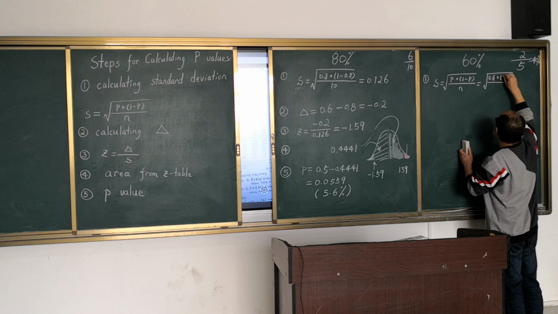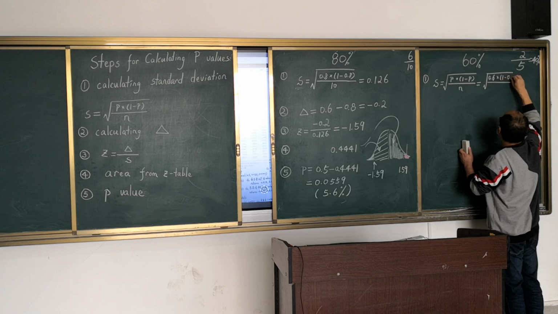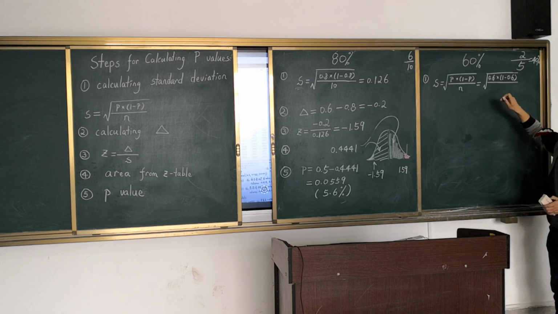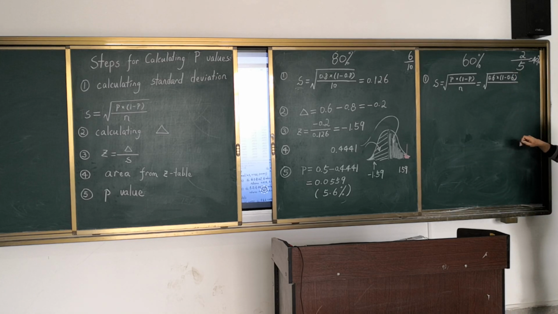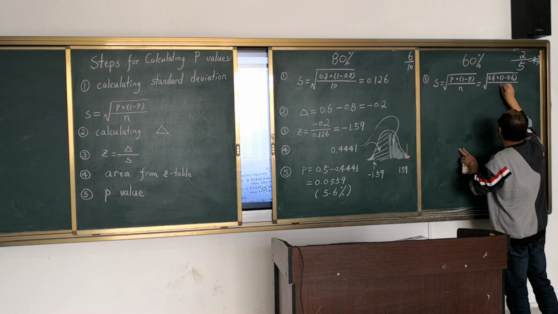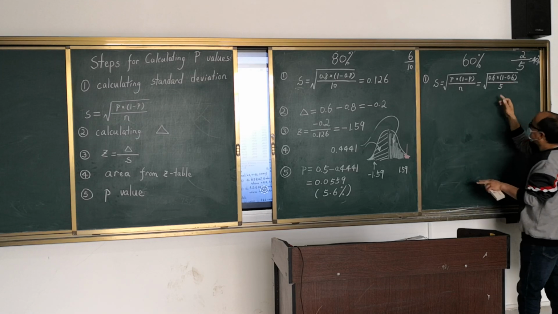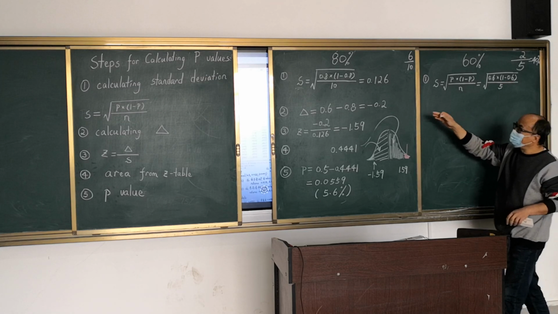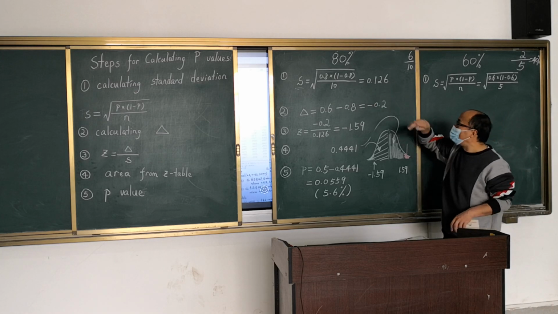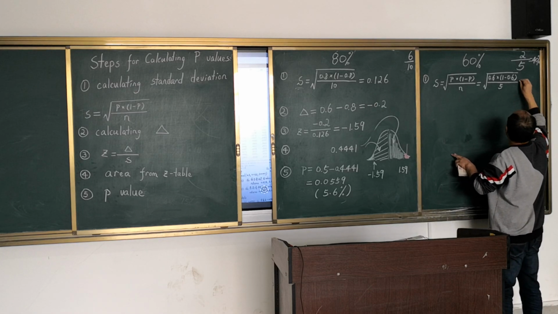And so this is 1 minus 0.6, divided by what? He only showed us 5 times. So it's 5. So this will be quite different from that.